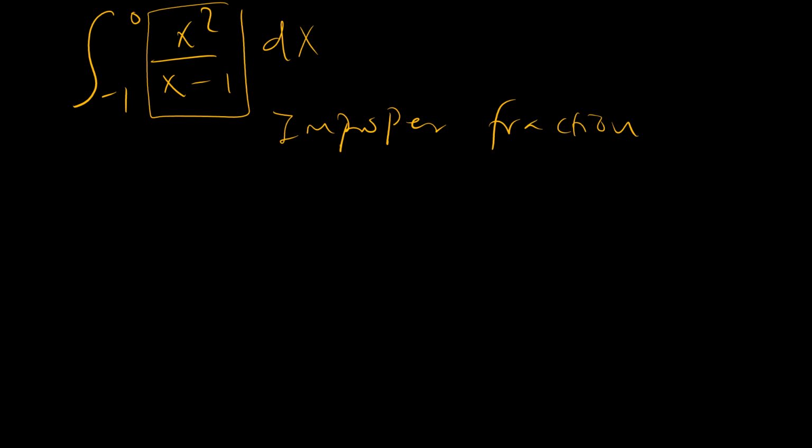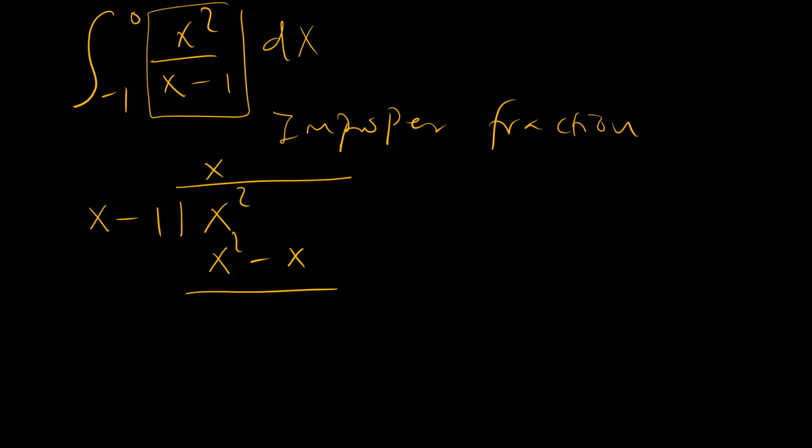The first thing that I would do is long division, that is, divide x squared by x minus 1. When you multiply x minus 1 by x, we get x squared minus x. The difference between x squared and x squared minus x is x. Then again, you multiply x minus 1 by 1, we get x minus 1. And the difference between x and x minus 1 is positive 1.